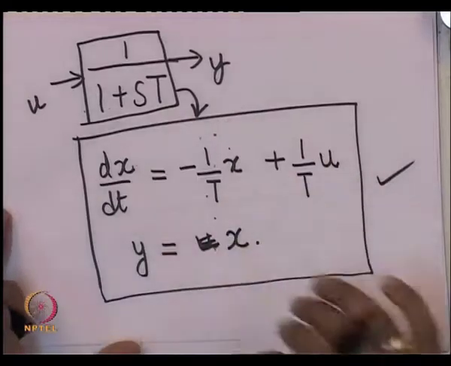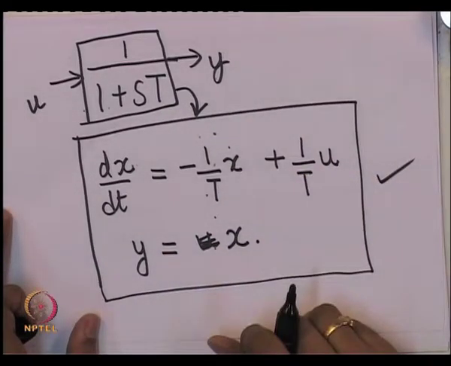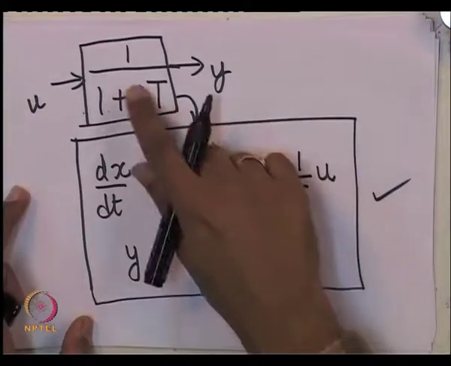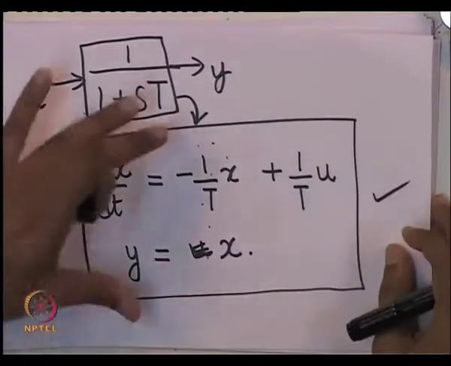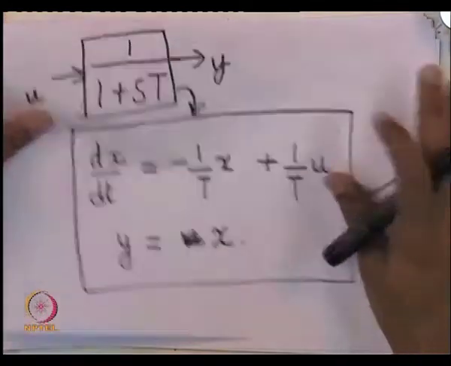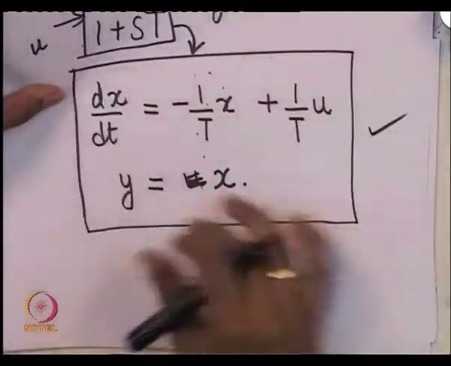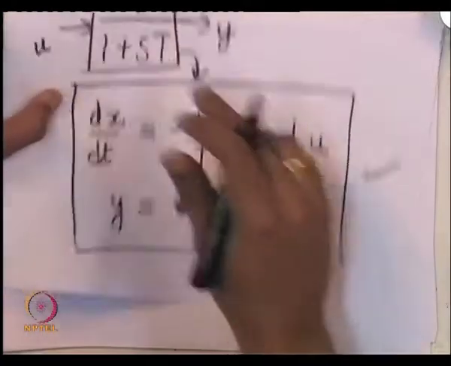So, there is no unique way of representing transfer functions by state space. Okay. So, this is one example of that, but usually in this particular course I will just take this representation, it is very convenient, of 1 upon 1 plus s t. In fact, if you look at this differential equation, this is one possible representation of this transfer function.